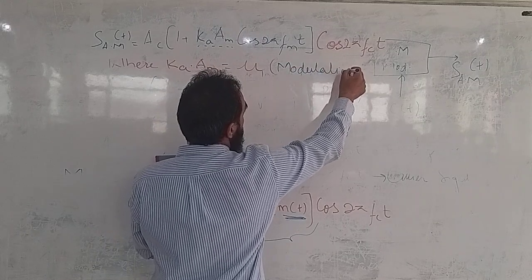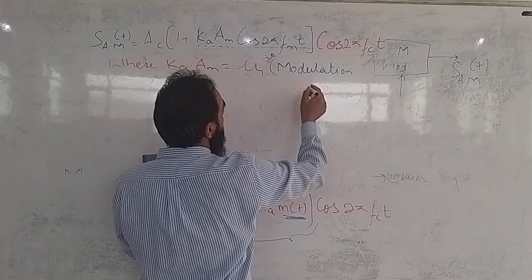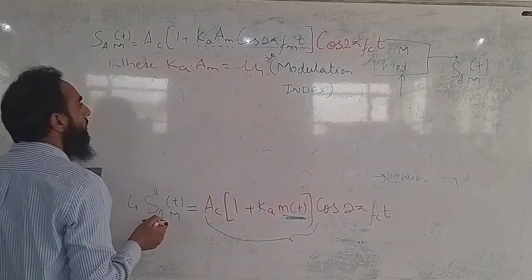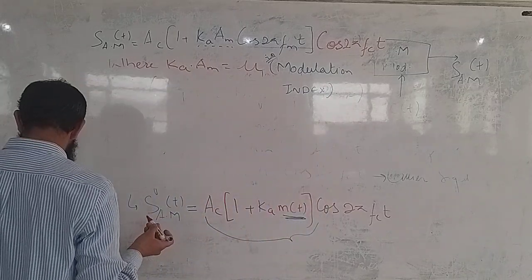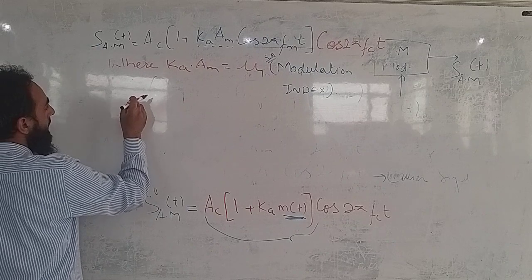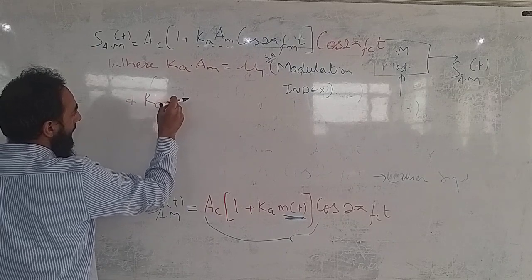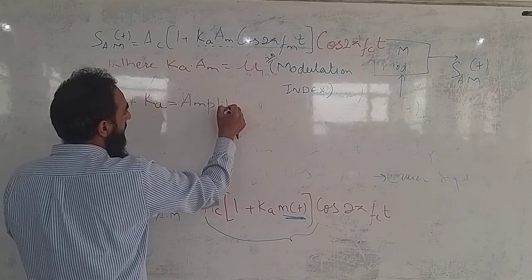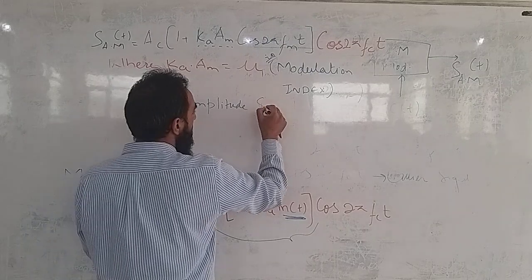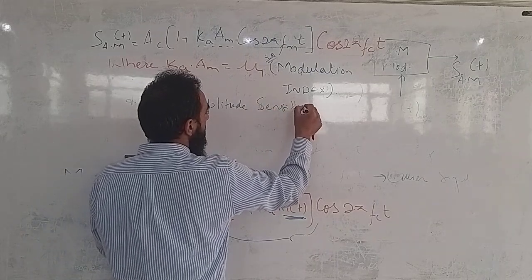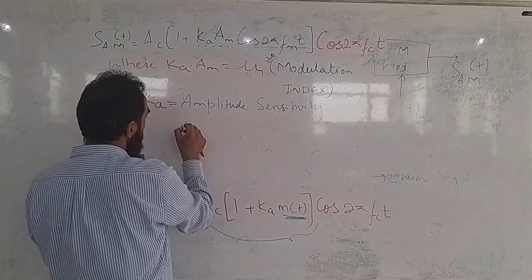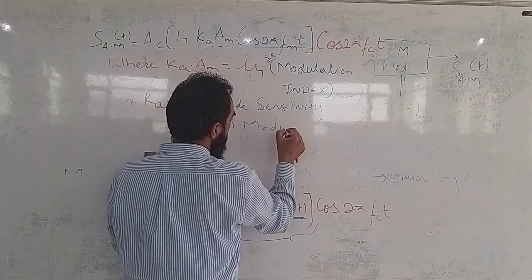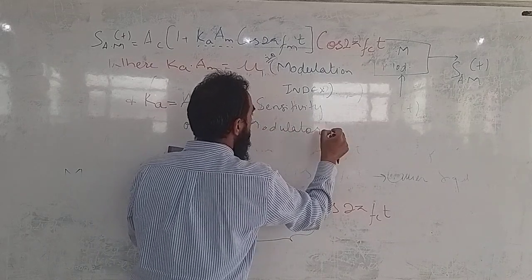Modulation index. Okay. KA is amplitude sensitivity of AM modulator.